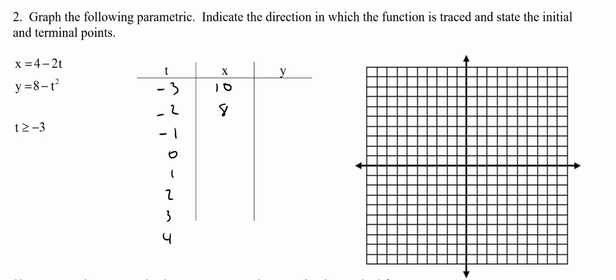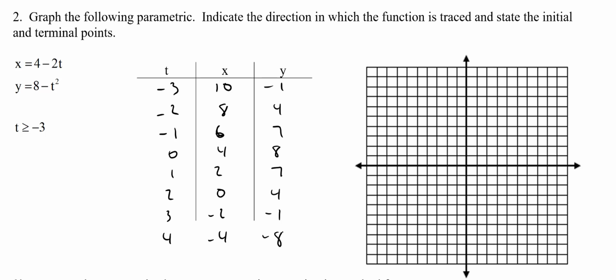So you get 10, 8, 6, 4, 2, 0, -2, -4. And then the y values, -1, 4, 7, 8, 7, 4, -1, and -8. Okay, so those are all reasonable values. They all fit on the graph here, which I think is kind of important.